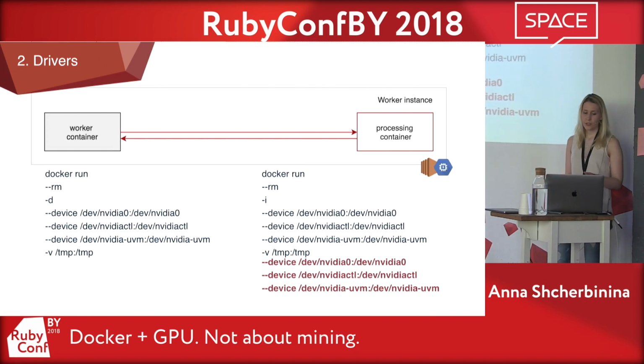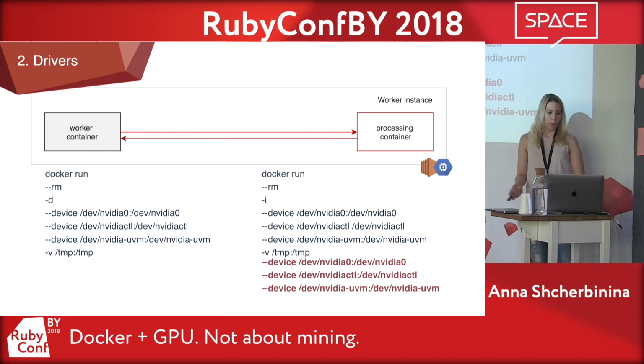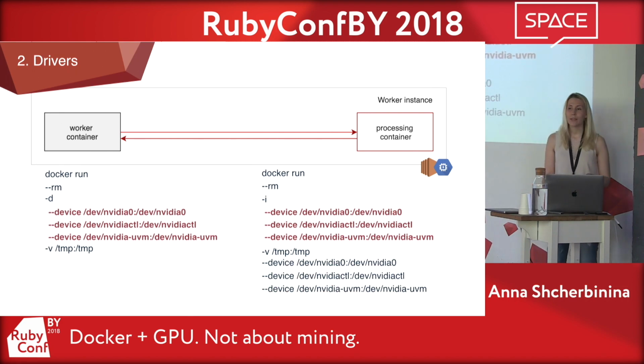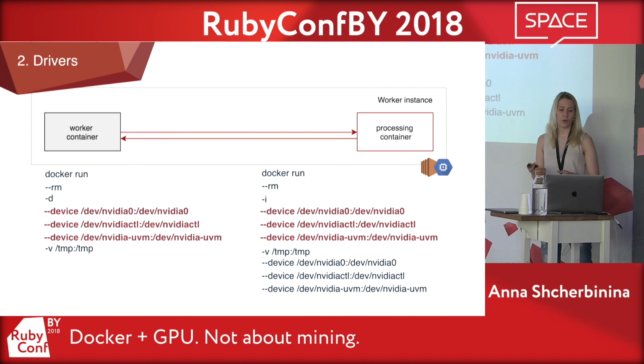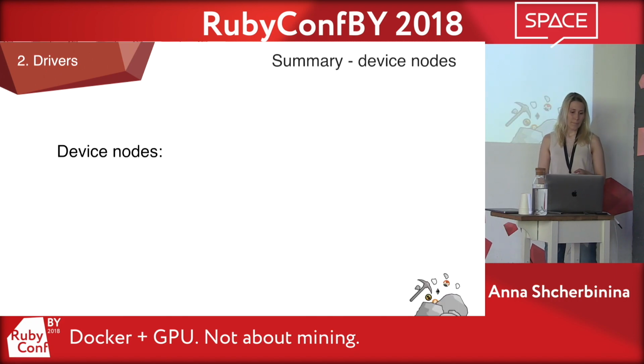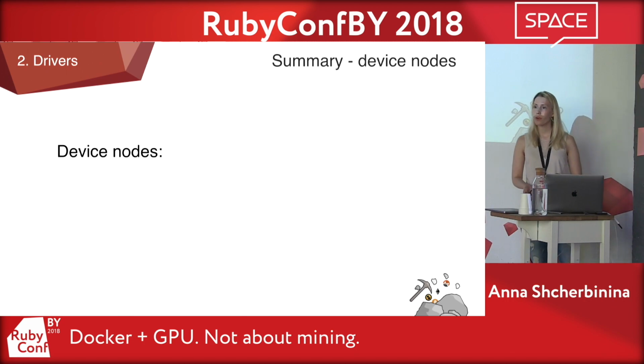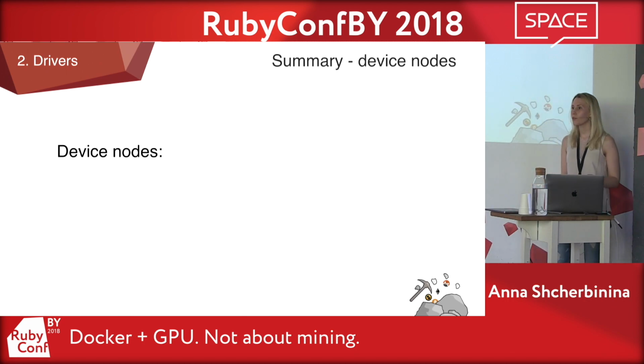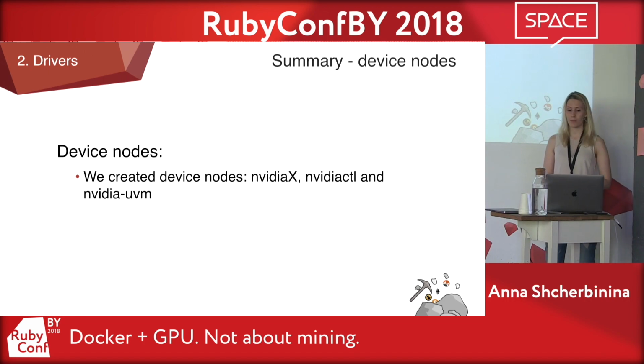So I share device nodes as the devices to the processing container. But to make them accessible, I need to share it firstly as a volume. Let's summarize. To access the GPU from the processing container, I have to create device nodes. NVIDIA X for each GPU core, NVIDIA device node for NVIDIA CTL, and NVIDIA UVM.